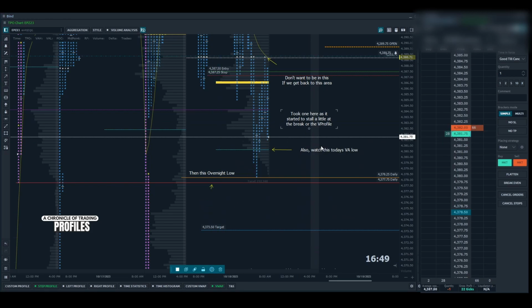Now I'm looking at this value area low. I've pretty much abandoned my 3750 target unless we flush right through here.